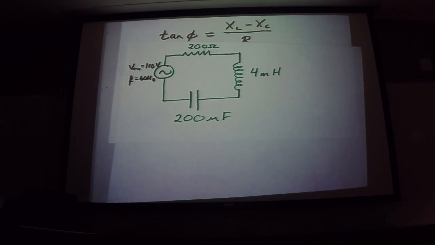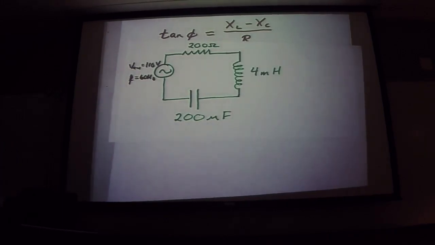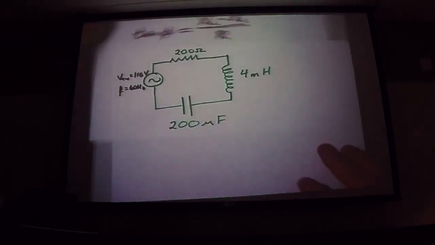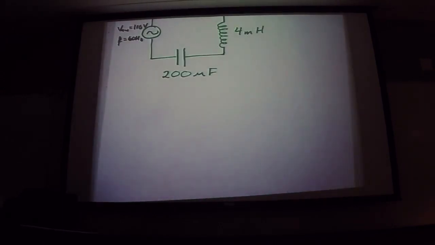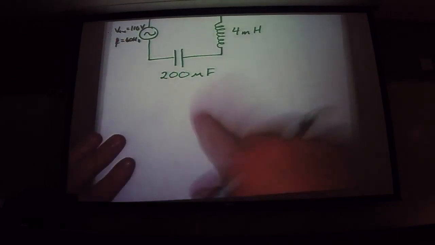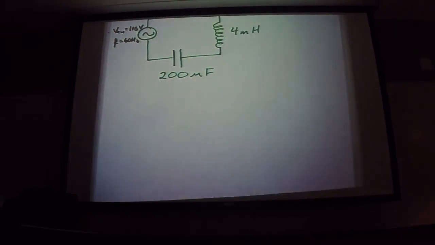So a few things I want to find in this case. I want to find the total impedance in the circuit, the RMS current in the circuit, and my phase angle phi. Okay, so let's get the total impedance of the circuit. Well, the first thing I need to do is calculate my X sub L and X sub C. They do give you a formula in the book which combines all this stuff.